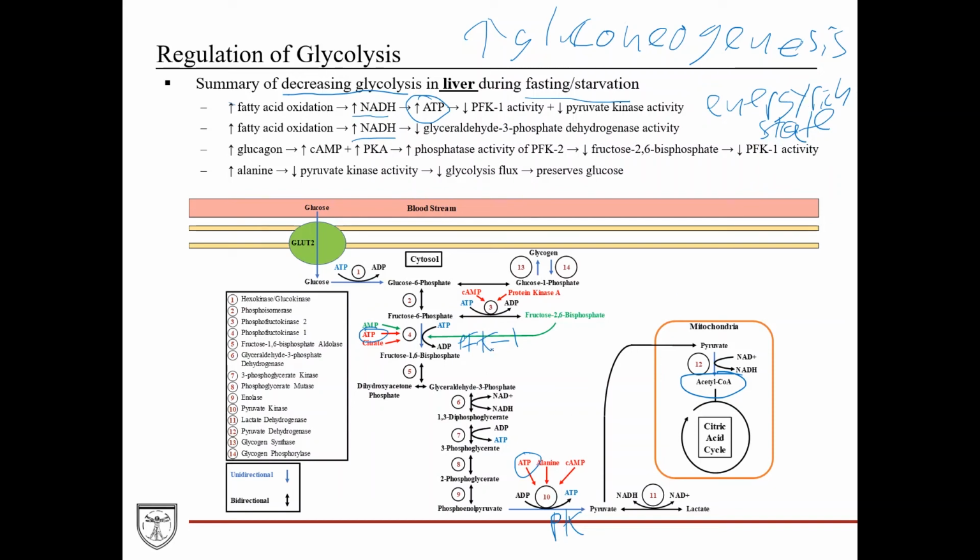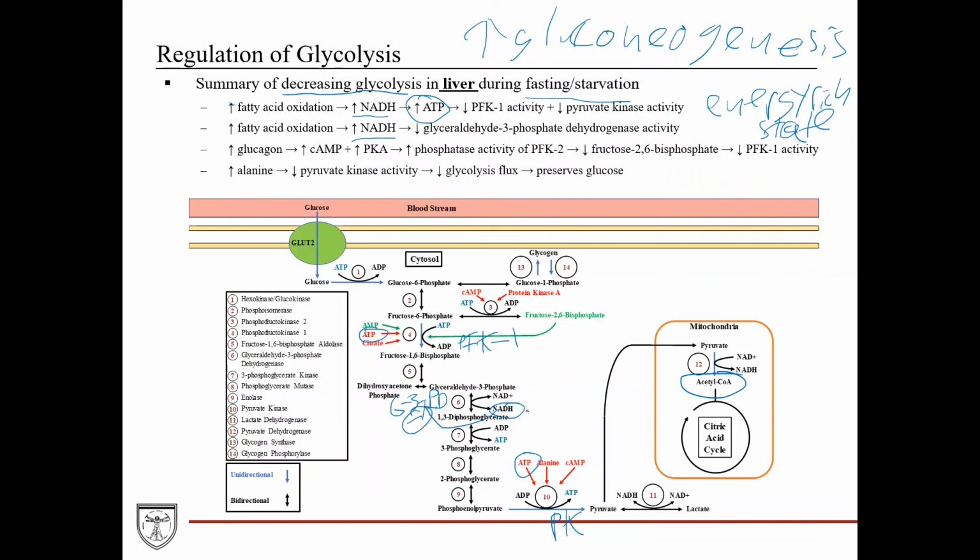So those are two effects right there. The other effect is that by having increased levels of NADH, you affect this enzyme, glyceraldehyde 3-phosphate dehydrogenase, which we'll indicate here, carries out this reaction of converting glyceraldehyde 3-phosphate into 1,3-diphosphoglycerate, which yields an NADH. Now remember, this enzyme is sensitive to high levels of NADH.